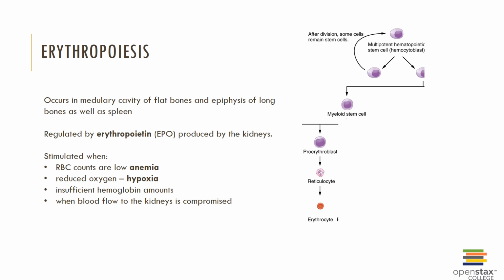EPO is produced when red blood cell counts are low, as in anemia, if there is a reduced oxygen concentration, as in hypoxia, if there are insufficient hemoglobin amounts, or when blood flow to the kidneys is compromised.